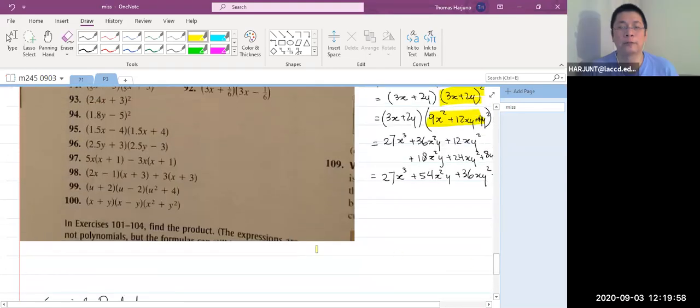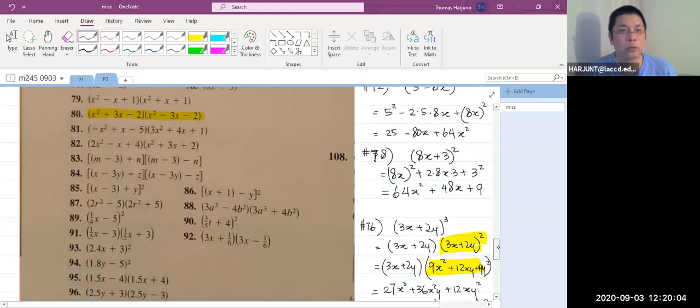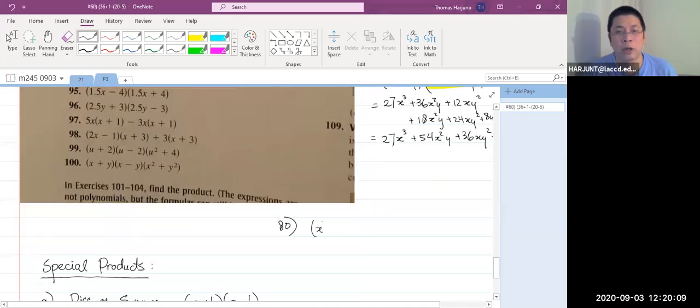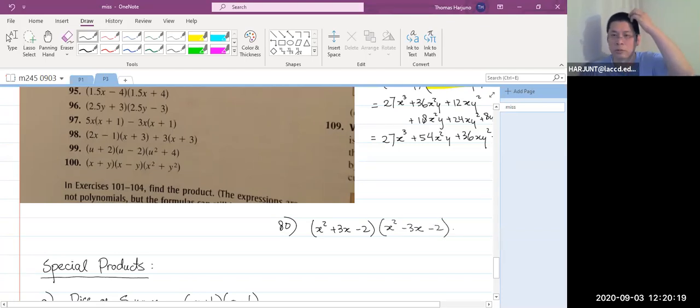You'll FOIL it? Number 80, and yeah, that's actually a way to do it though. Let me write it down: x squared plus 3x minus 2, x squared minus 3x minus 2. You can FOIL that yourself, right? Do you need me to show you?